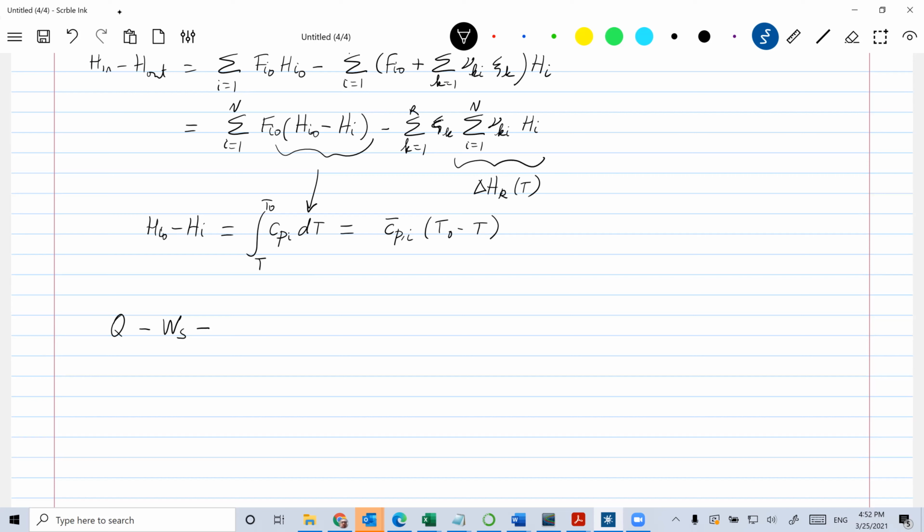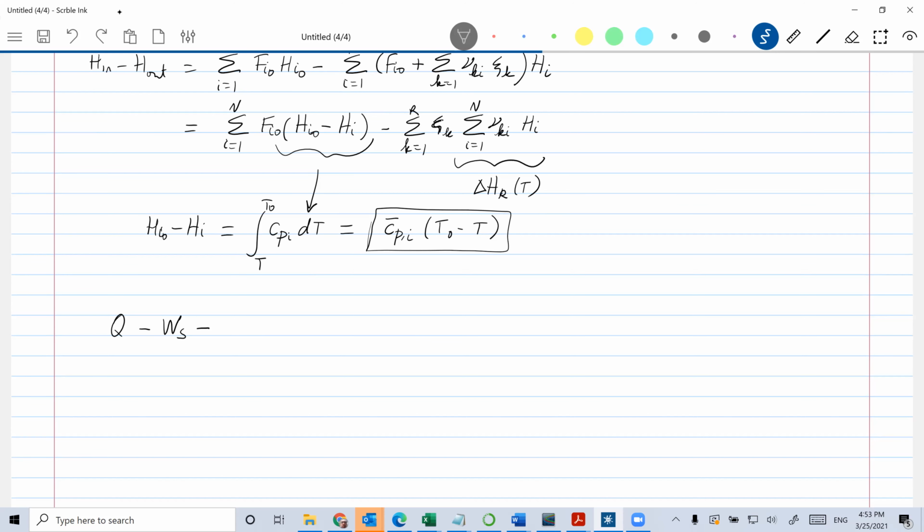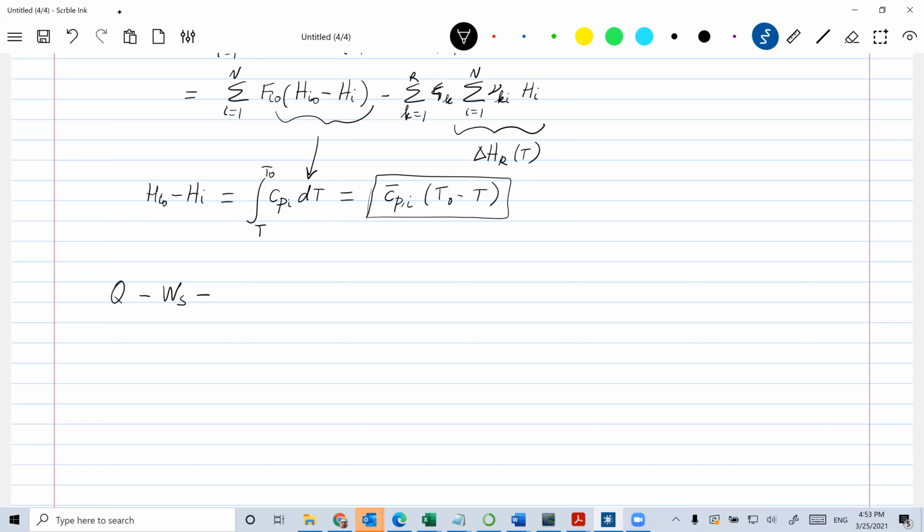So we're going to have a dT dW instead of just T minus T naught. So that T minus T naught term, we can't really just use for a plug flow reactor or a packed bed reactor where the temperature is changing as we go through.